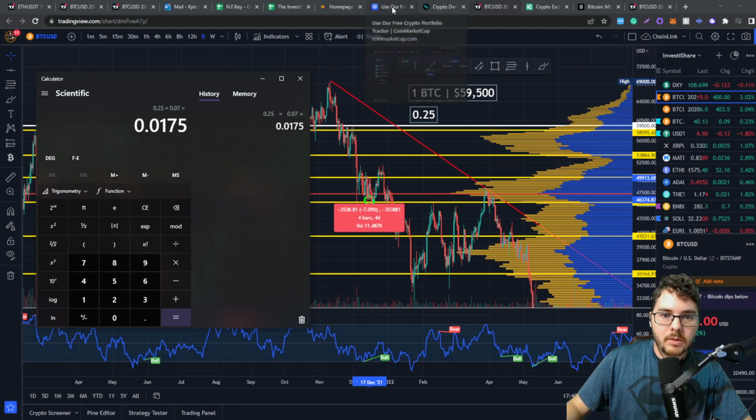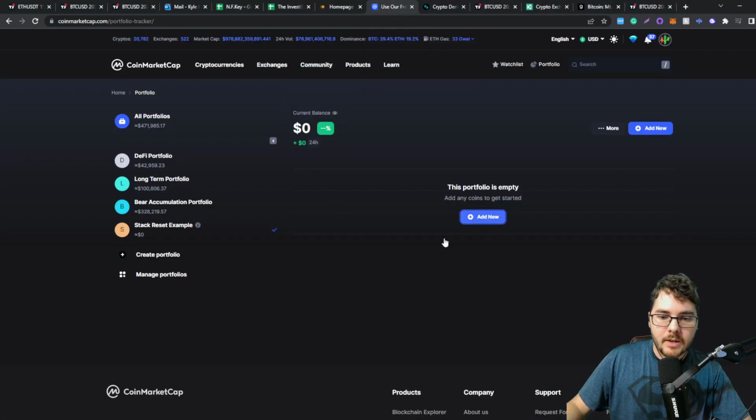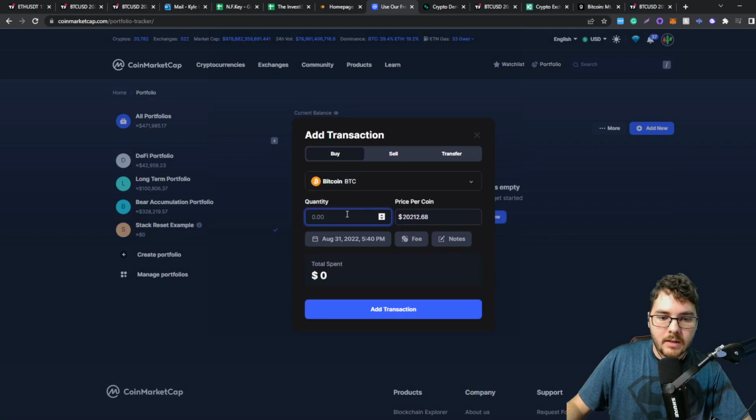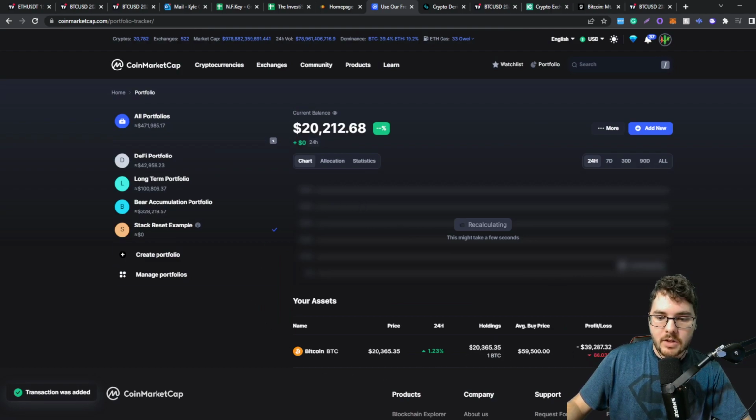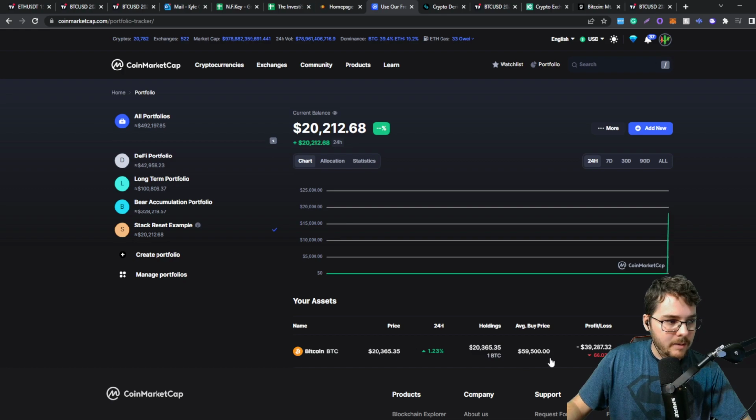You just go to CoinMarketCap and you add a transaction, and you use one of these portfolio trackers to track your average. So if you were to buy 1 Bitcoin at 59,500 transaction, and you can see right here that our average is at 59,500.